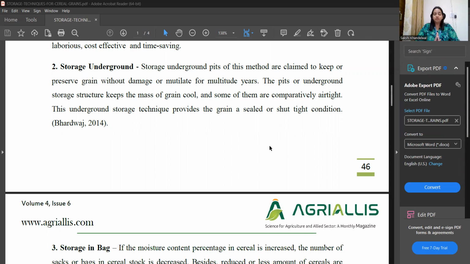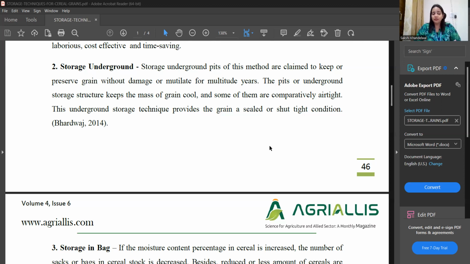What it is saying is that we store our cereals underground, beneath the land, because it helps the mass of grain stay cool for a longer period of time comparatively. We keep the cereals airtight under the ground, and this process helps the grain to be preserved for longer years.